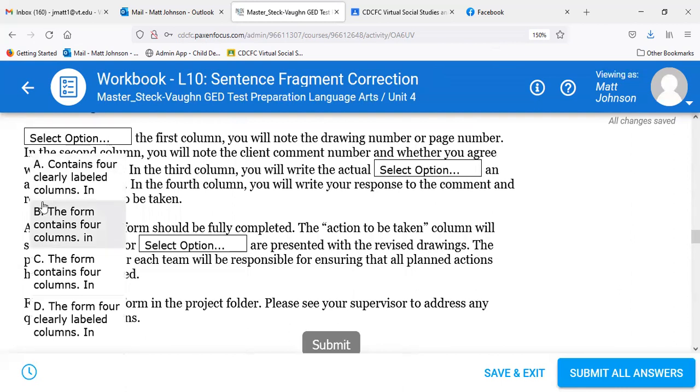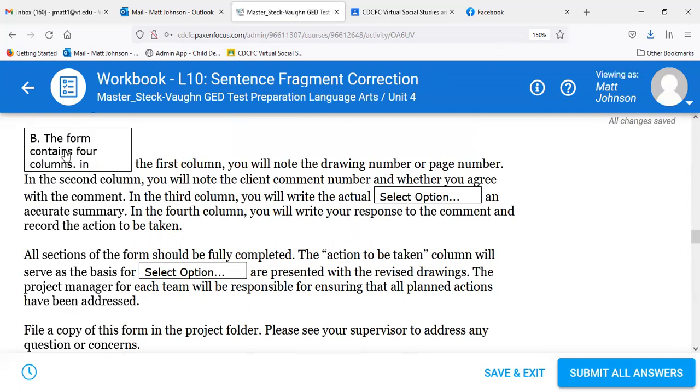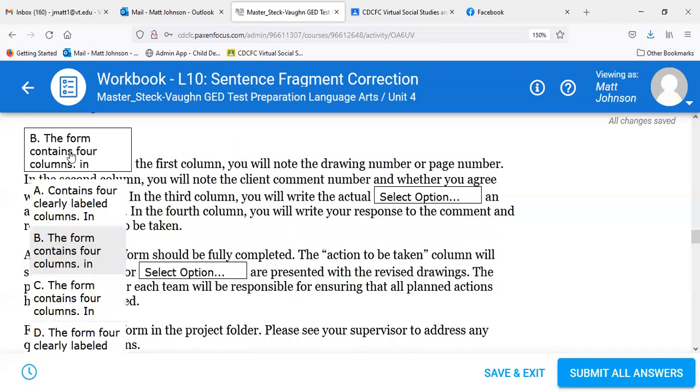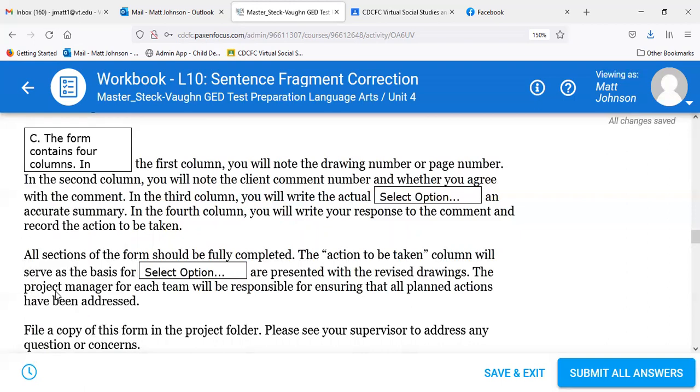And then you need a complete sentence here. Which one sounds correct? B. The form contains 4 columns. Oh, wait. No, no. Is that a comma? I'm sorry. Yeah, it's C. Yeah, I need to capitalize the.